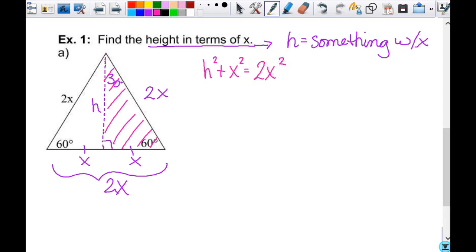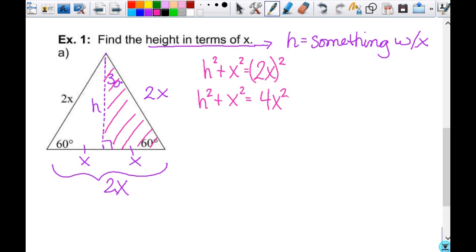Did I write all that down correctly? No. I need what? Parentheses, because I need to square the whole thing. So this gives me h squared plus x squared equals what? 4x squared. Okay. Good job.